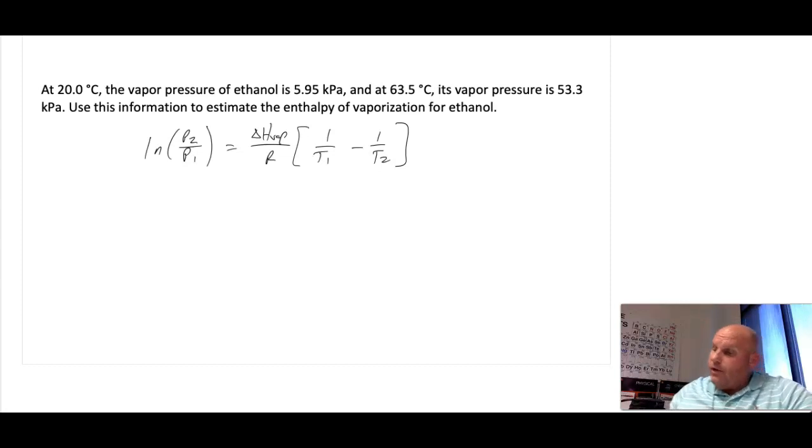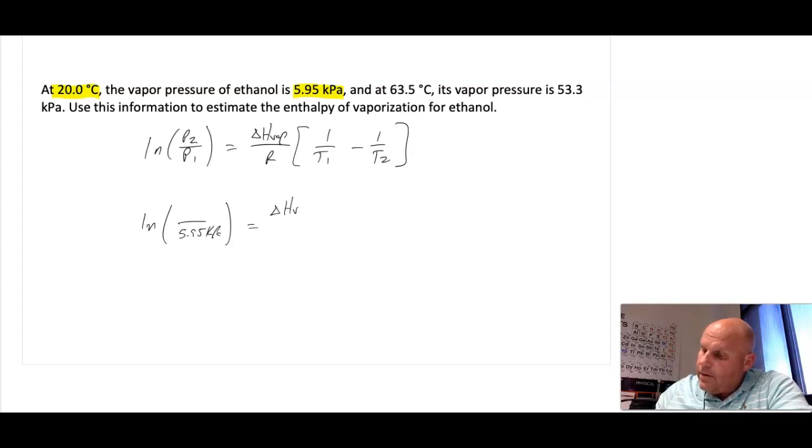Okay, so as I read this, at 20 degrees Celsius, the vapor pressure of ethanol. So here, this temperature and this vapor pressure go together. If we want to call those P1 and T1, we can put 5.95 kilopascals down here, and I can go ahead and fill in my R value, and I can put my first temperature.